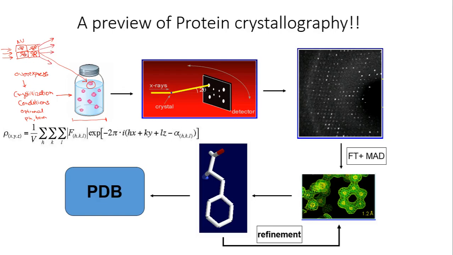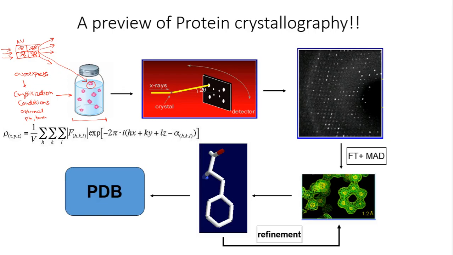Whatever X-rays are diffracted are then exposed to a detector screen, and due to this diffraction you would obtain spots on your detector. These spots will have different intensities depending on how much the electron density is.